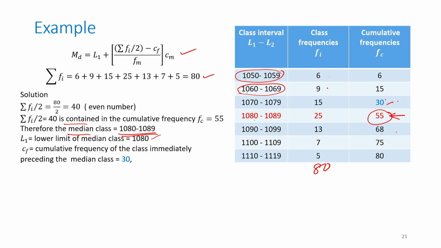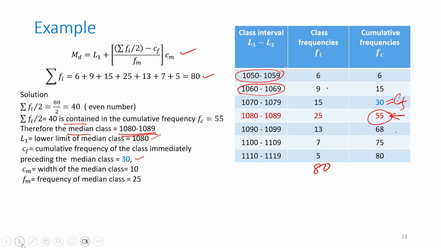So CF is basically this, our CF is 30. That's the previous one. Next, the width of the median class. What is the width of the median class? 80 to 90, so the width will be 10.